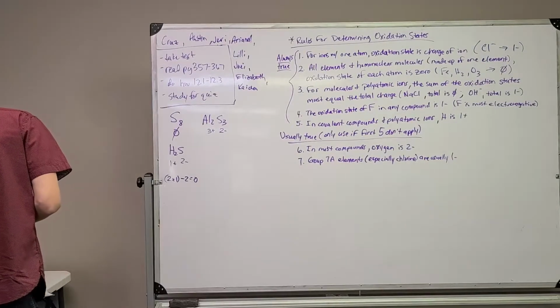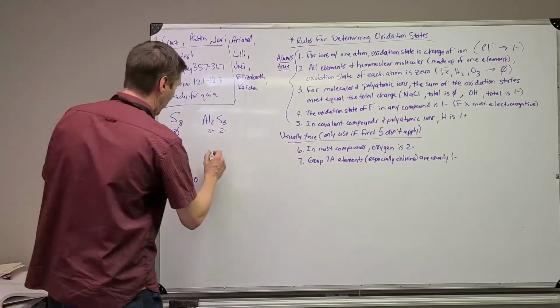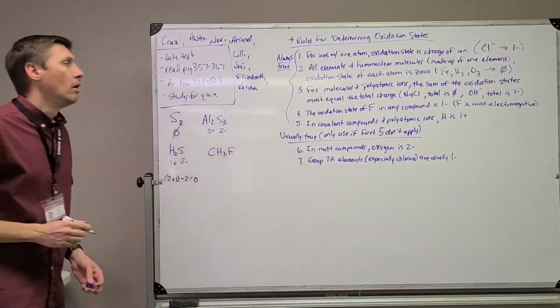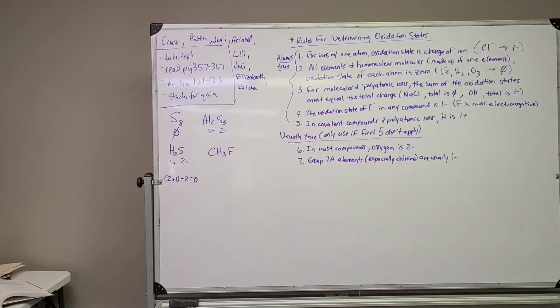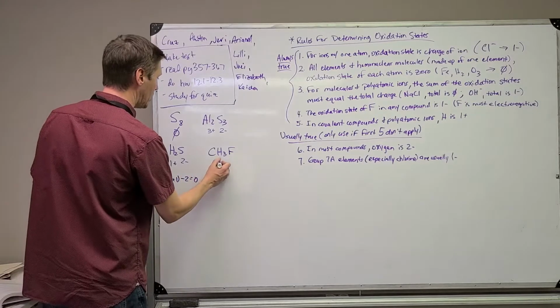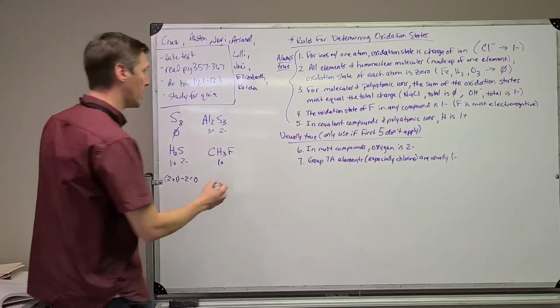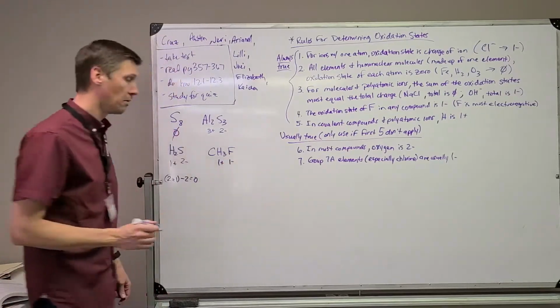All right, let's see CH3F. CH3F. No metals, so we're dealing with a covalent compound. So rule number 5 is going to tell me that H is 1+. Rule number 4 is going to tell me that F is 1-.